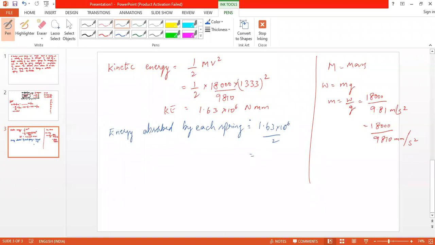So divided by 2 will give you 815 into 10 power 3, that is 815 times 10 to the power 3 Newton mm. And so this is the energy absorbed by one single spring.